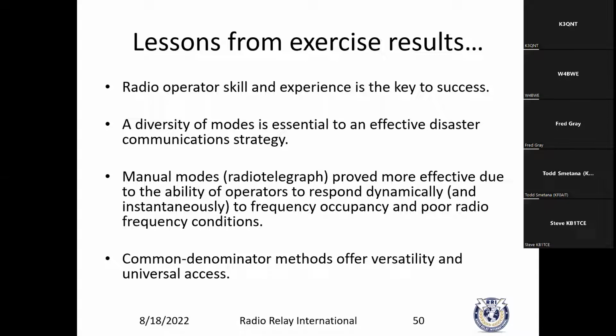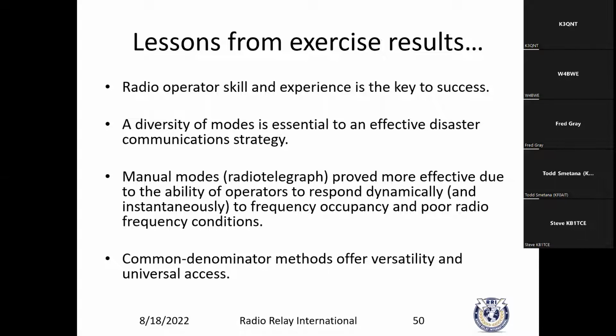Diversity of modes was essential to an effective disaster communication strategy. Manual modes proved more effective, not because the mode itself was necessarily superior, but due to the ability of the operators to respond dynamically and in real time to different communications problems: co-channel and adjacent channel interference, poor propagation conditions, et cetera.